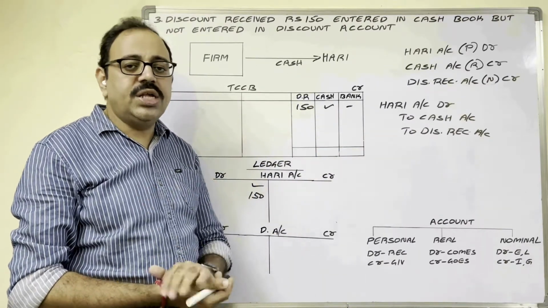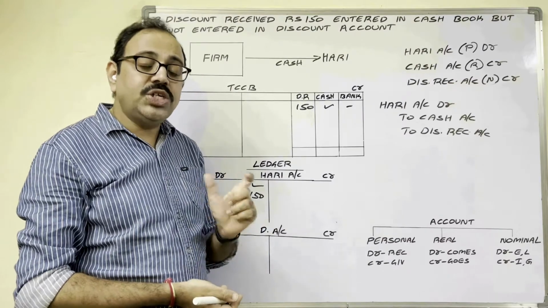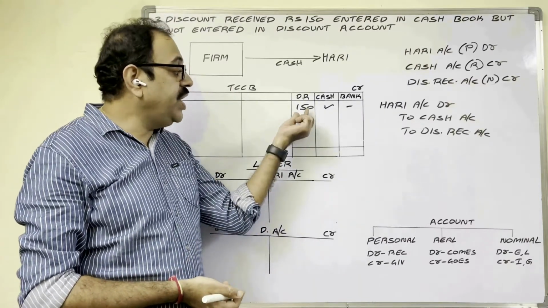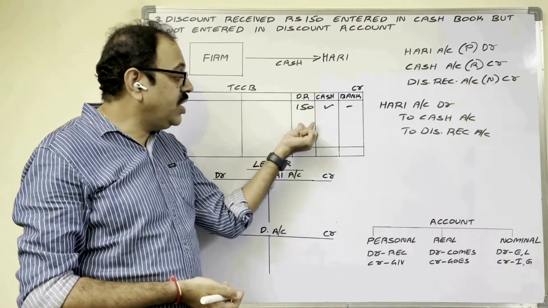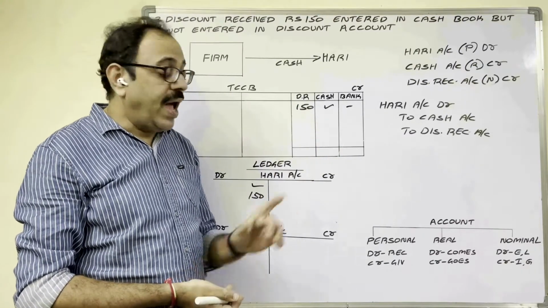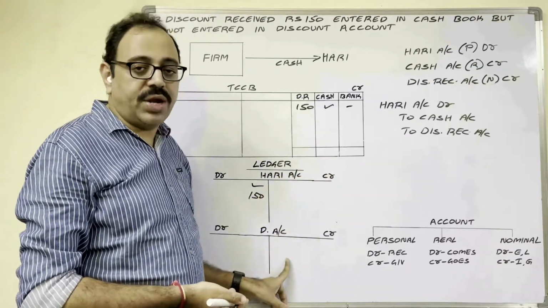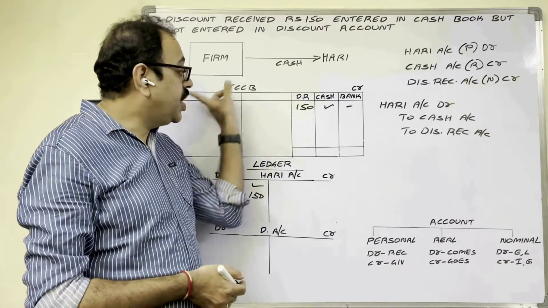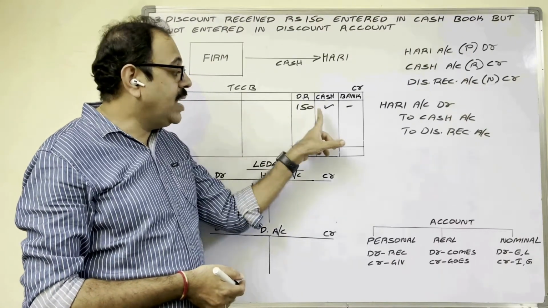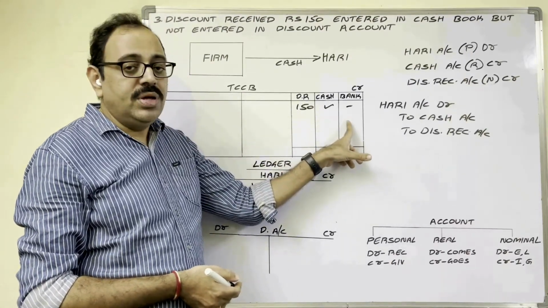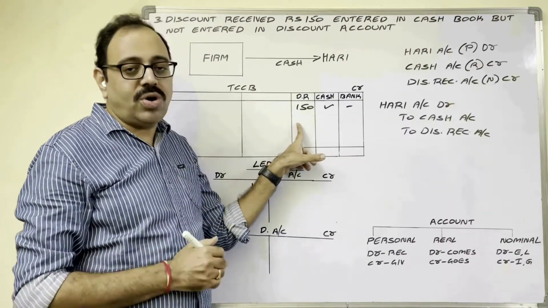We are not preparing discount account. Along with the cash or bank transactions, if any discount is there, that discount information we are showing here. But the actual posting will be done in discount account. That is why in triple column cash book, we balance cash column and bank column, but we don't balance discount column.